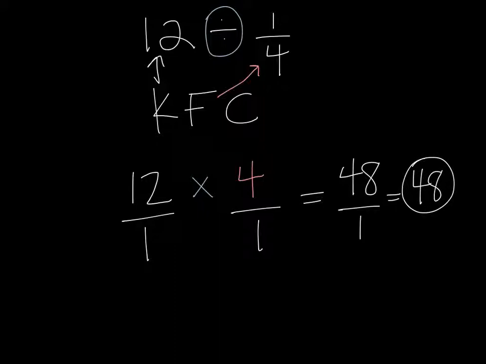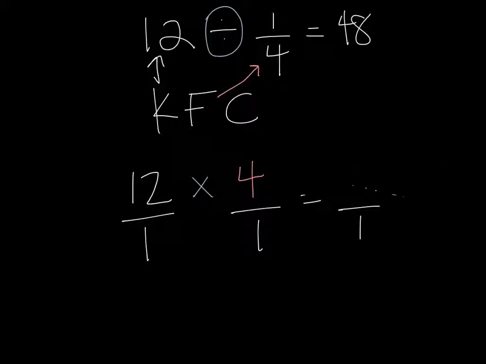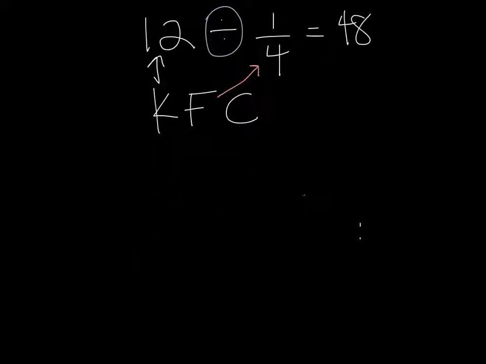In this case, 12 divided by 1/4 turned into 48, which is a larger number. The way this works is I can model it, and I'm going to start by drawing the number of objects I have. I start by looking at my whole number. My whole number says that I have 12 objects. So I'm going to draw 12 objects.